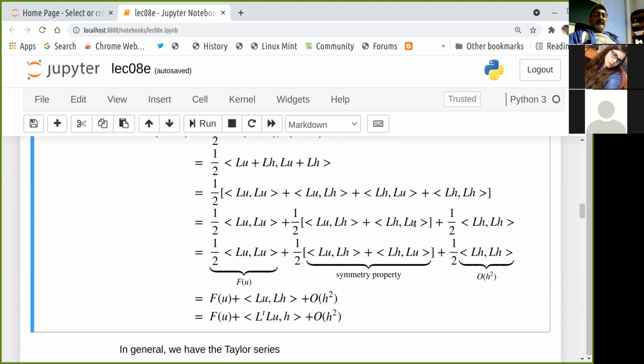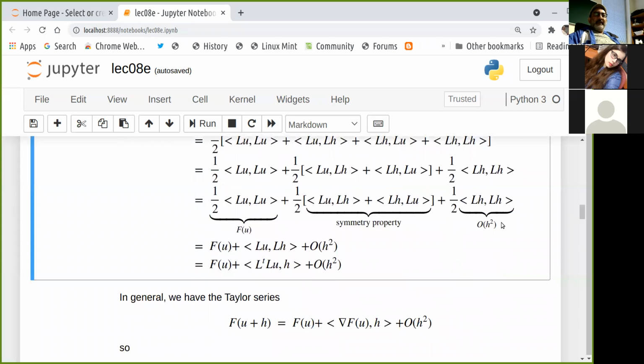And over here, note that X inner product with Y is the same as the inner product of Y with X in real vector spaces. So this is being repeated twice, so that's where the 1/2 cancels out. That's the symmetry property.